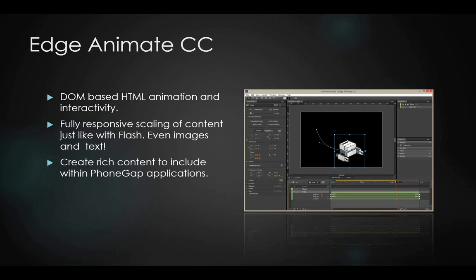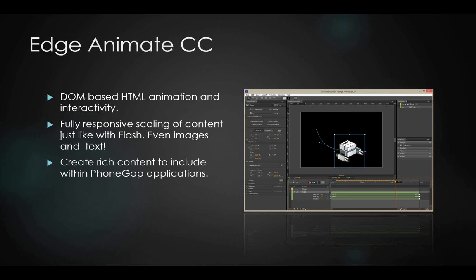So any text you put in there, any images, really any content whatsoever, even the animation, it's all going to scale appropriately if you want it to do that. And it makes a project, once you render it, really good to actually put inside of a PhoneGap application.